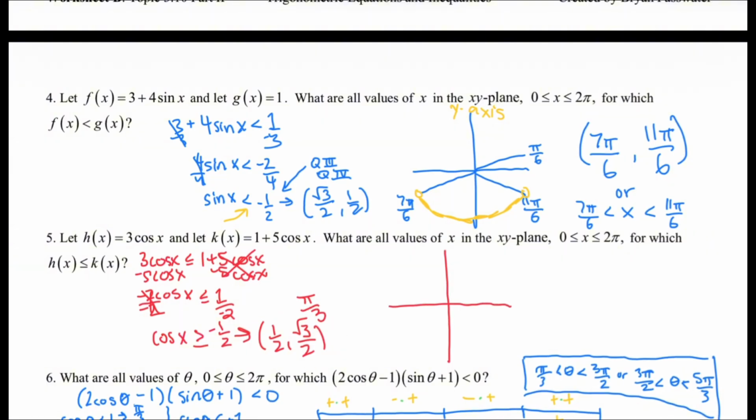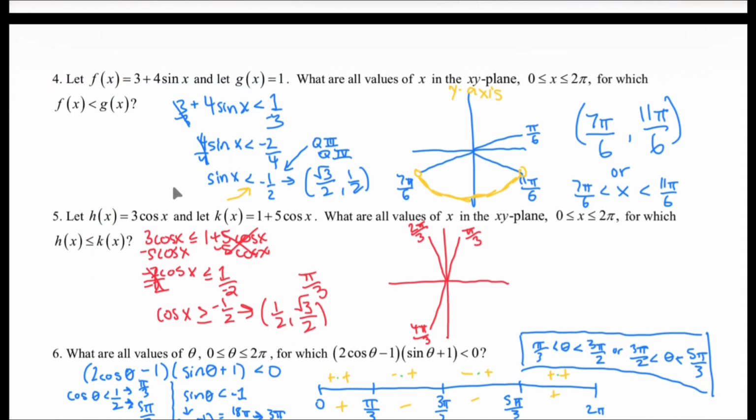Quadrant 2 is right there, and quadrant 3 is right there. So quadrant 2, that's 6, 7, 8. That's 2 pi over 3 then. 8 pi over 12 simplifies to this. And then here we have 18, 17, 16. So 16 pi over 12 simplifies to 4 pi over 3.